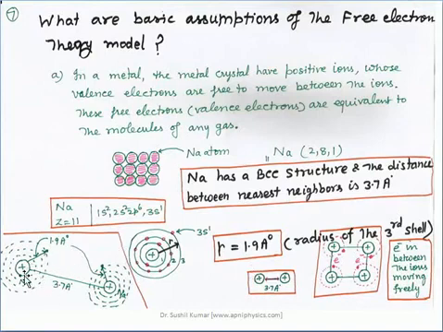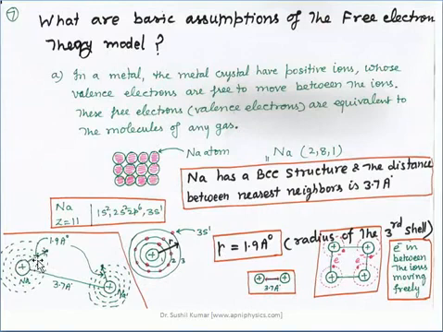Right, that picture may be more clear from this artistic view. This is my sodium atom, first sodium atom. This is the second sodium atom. The distance between these two atoms, two neighbors in the sodium lattice, is of the order of 3.7 angstrom.